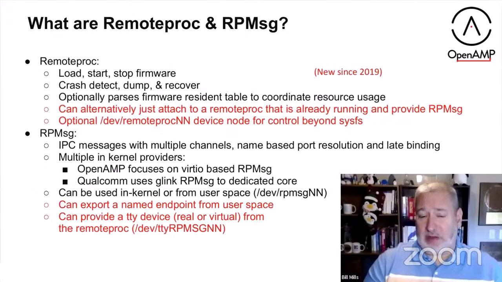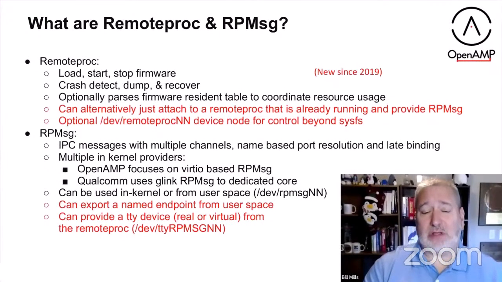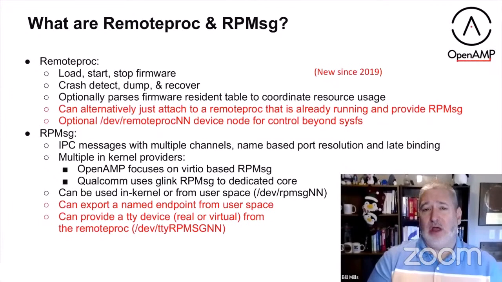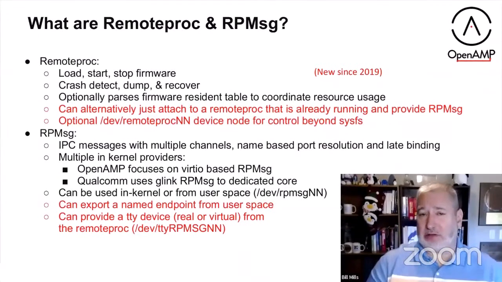So rpmsg can be used in kernel through a kernel API, or through dev nodes that get exported to the DevFS. A relatively new facility, at least for the Virtio rpmsg, is having a Linux user space export a named endpoint.